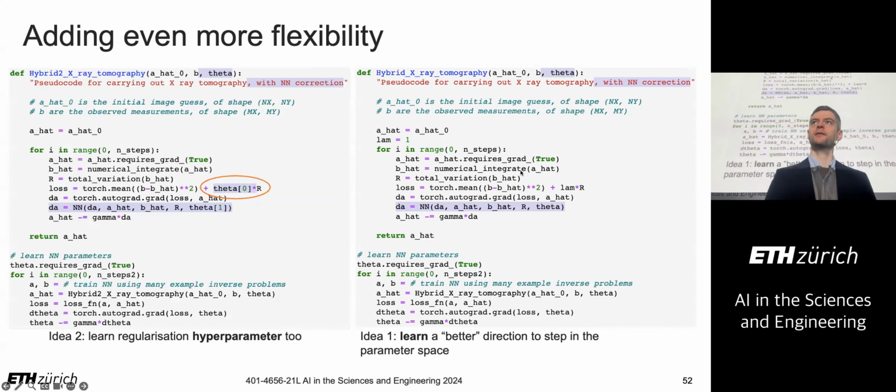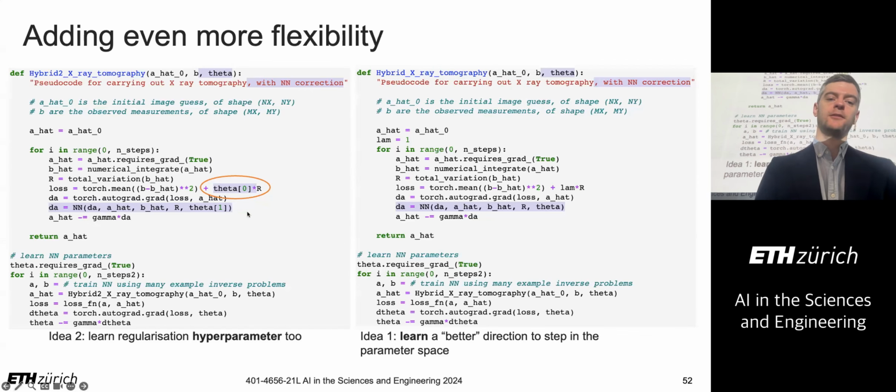The example that I've got here is actually a different idea, and it's to learn the lambda hyperparameter of the inverse objective function. Remember, our objective function in the inverse problem is to say what's the difference between our estimated observed data and our true observed data. And then we add this regularization term to try and guide the search towards a reasonable image.